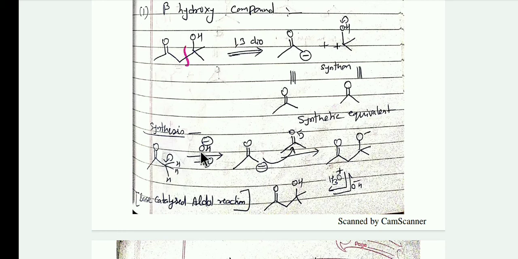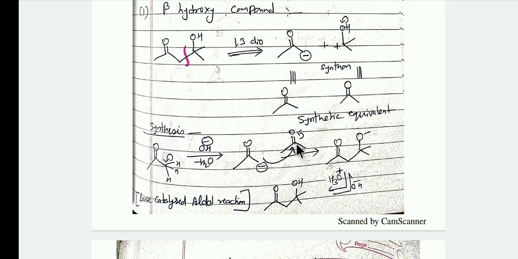By abstraction of the proton by OH, a water molecule is eliminated. So we get this type of anion, CH3COCH2 minus. This anion reacts with a second molecule of ketone.